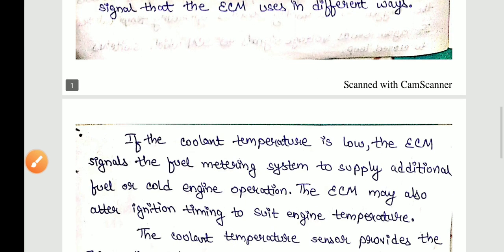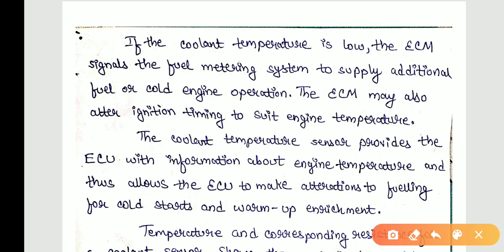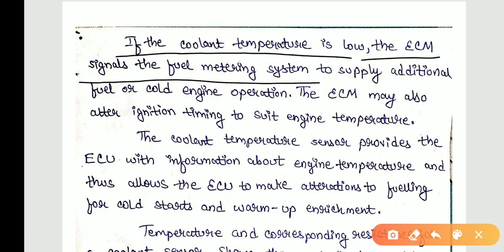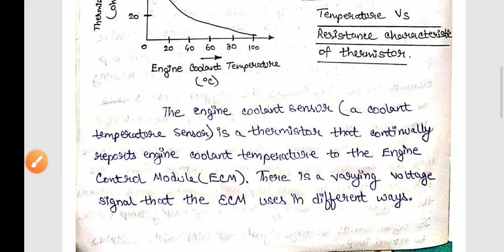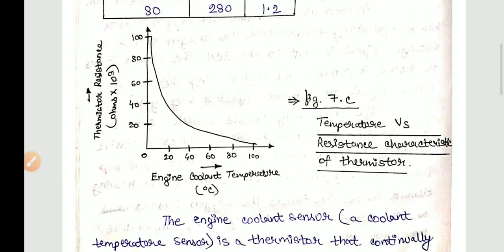Now let us move on to the next paragraph. It says that if the coolant temperature is low, the ECM signals the fuel metering system to supply additional fuel for cold engine operation, right? So what happens now, see in this graph, when the engine coolant temperature is low, it will get maximum resistance.